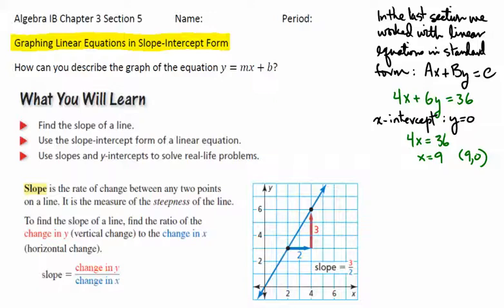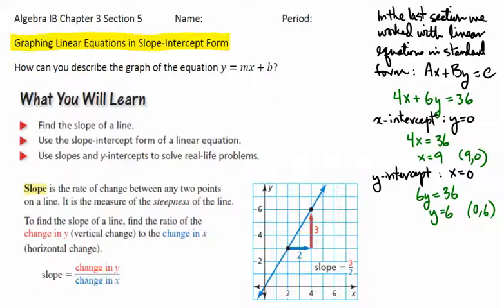And that would give us the point x is 9, y is 0. We could also find the y-intercept easily when the equation is in standard form, because the y-intercept is the point on the y-axis where the graph crosses the y-axis, and at that point x is always 0. So if we were to set x equal to 0, we would have the equation 6y is 36, or y equals 6, and that gives us the point x is 0, y is 6.